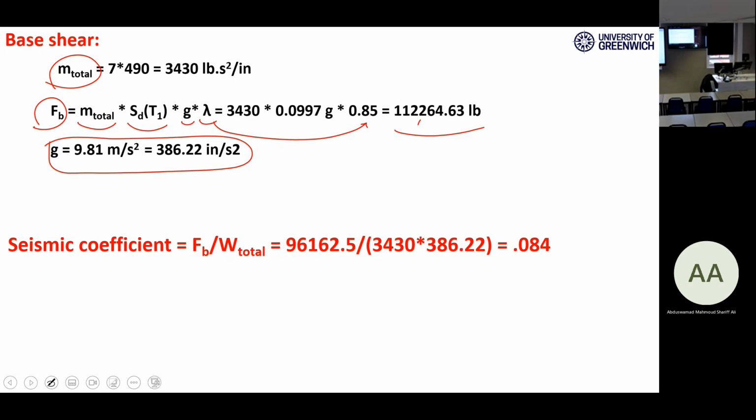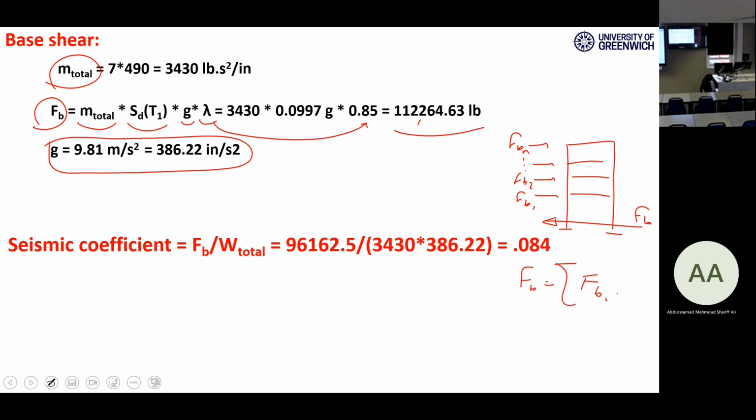It means that this is not a true story building, whatever it is, you should put some FB, FB1, FB2, go to FBN. This is FB. FB is the summation of all FBi, i goes from 1 to n.